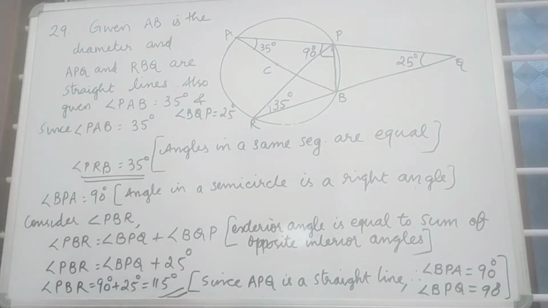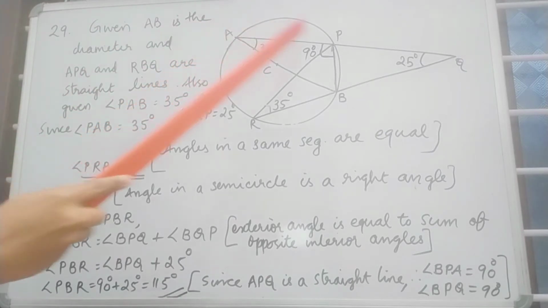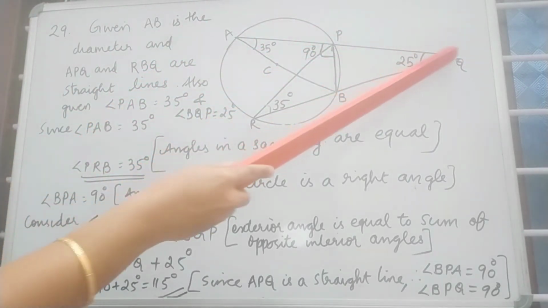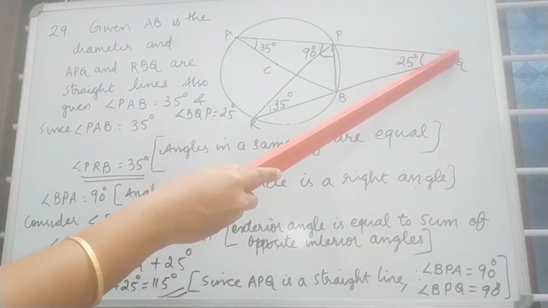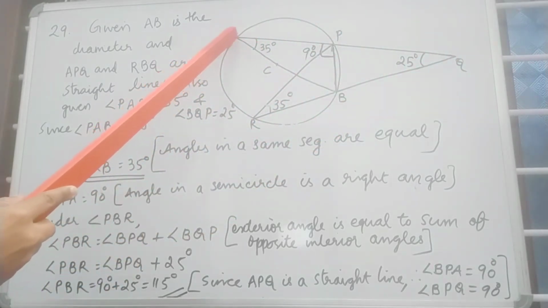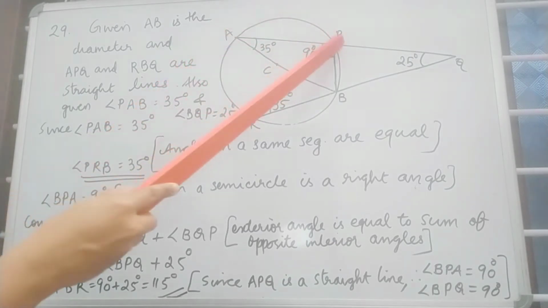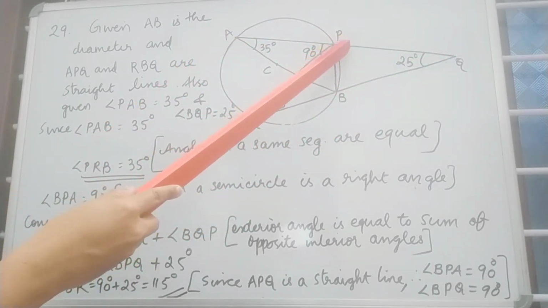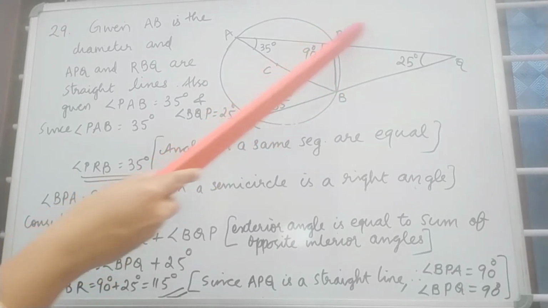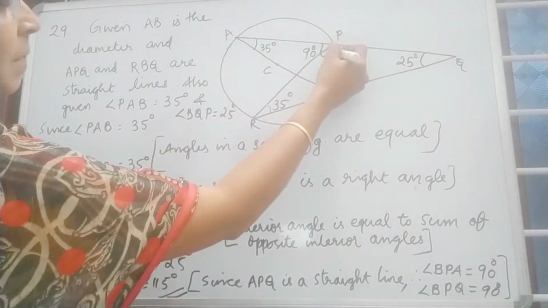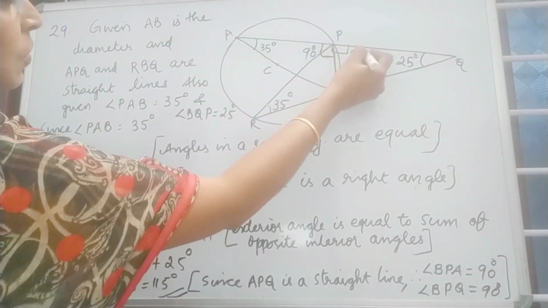Now consider, given APQ is a straight line. We got APB as 90 degrees. Also given APQ is a straight line. So we can write BPQ as 90 degrees, since on a straight line the sum of angles will be 180 degrees.